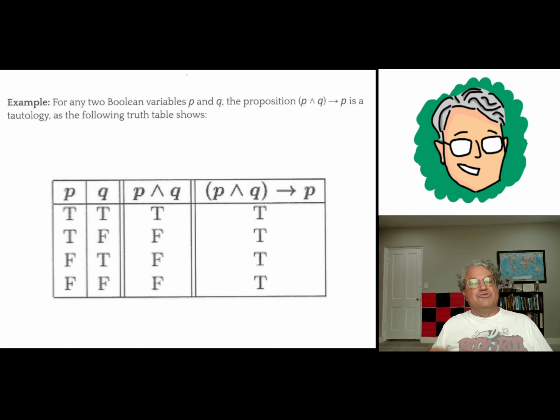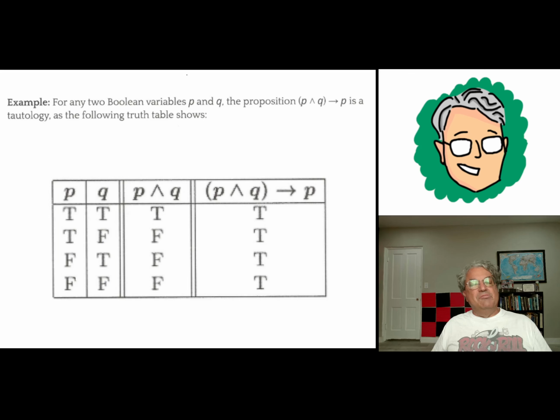These are the controversial ones. Remember I said we have to make an arbitrary definition for implication in the case in which the antecedent's false. Well, by default, the conclusion's true because we have to have it be something or other.